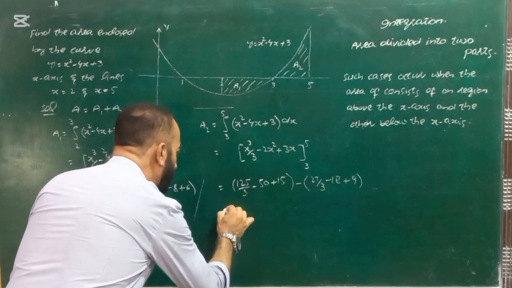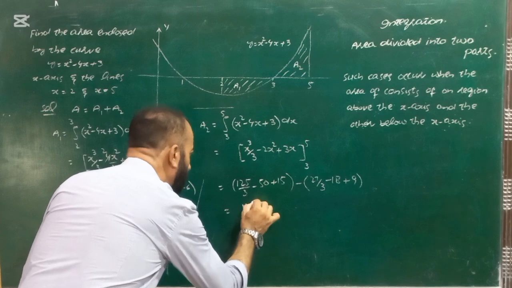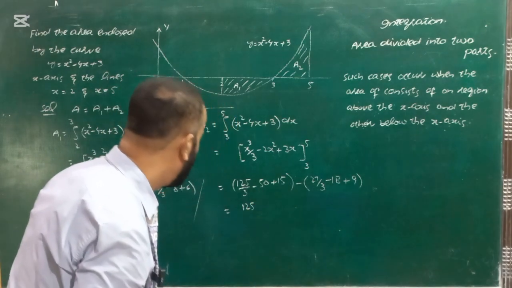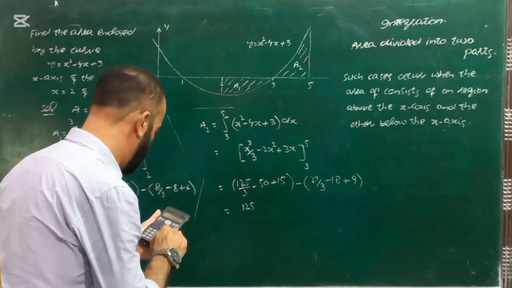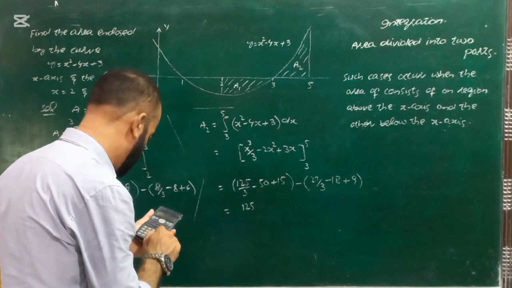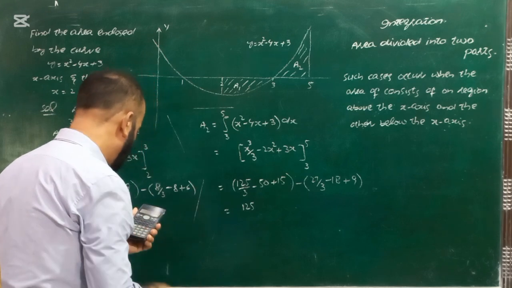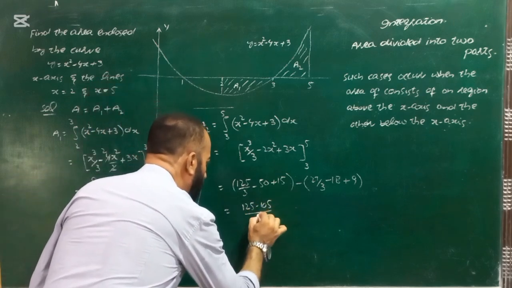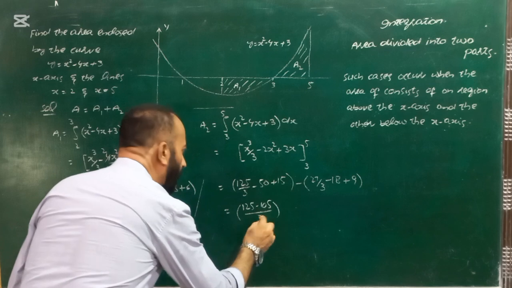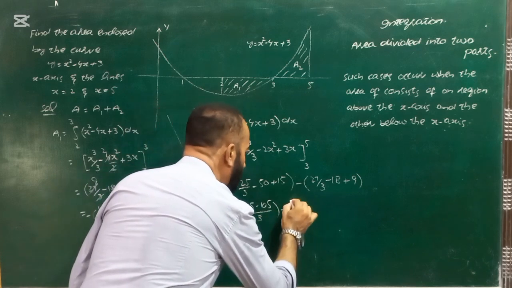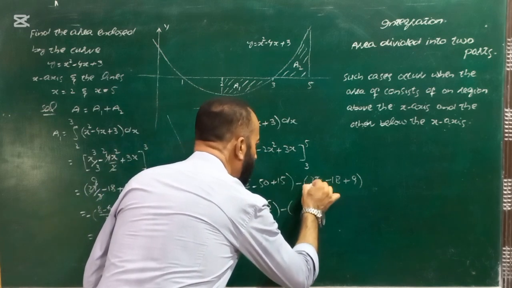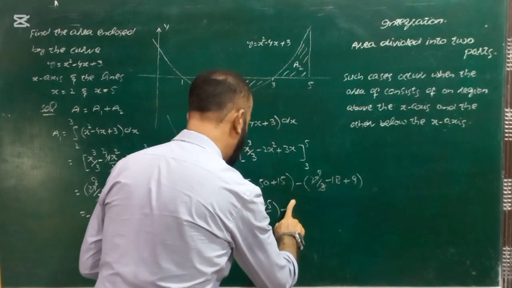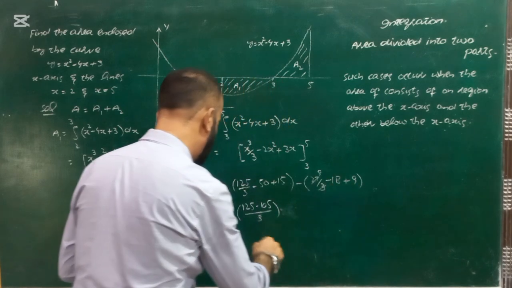Okay, from here 125 minus 35 into 3, that is 105, over 3, minus 18 plus 18, and this factor will be eliminated because that will make 0.